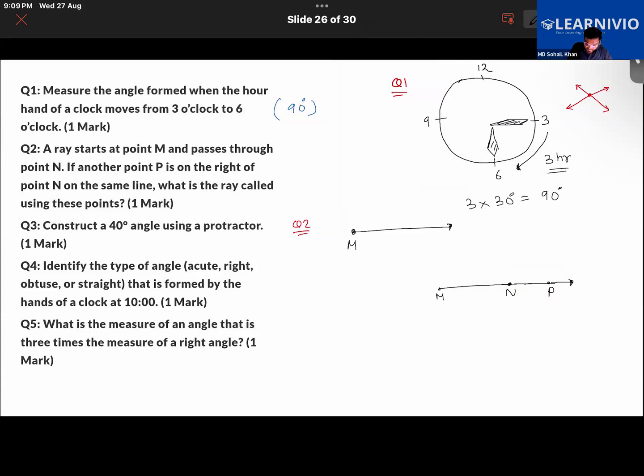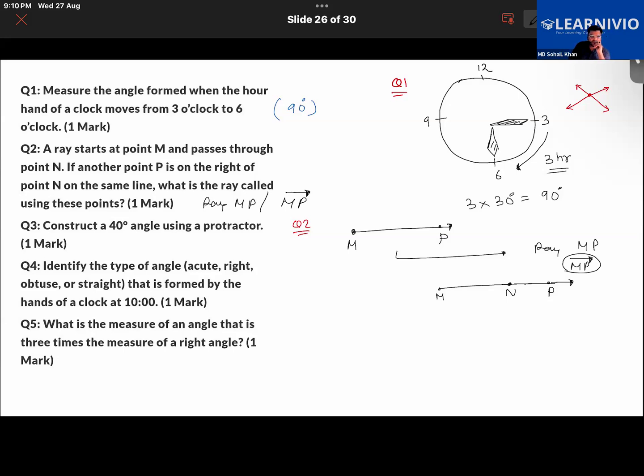It's P. As Sumaya was saying, it is ray MP, and should be written as MP with an arrow above it. So that is the name for this. That is ray MP, or MP with an arrow on its top.